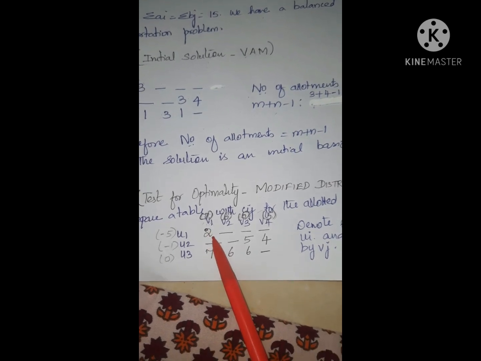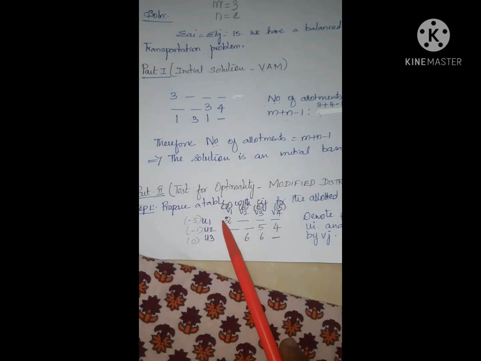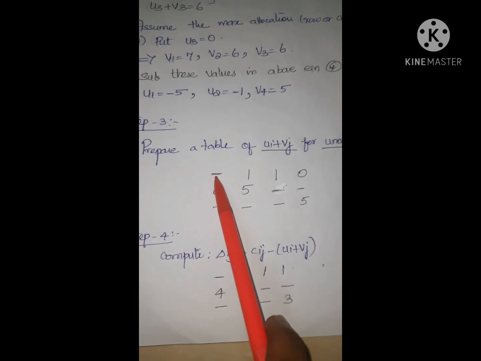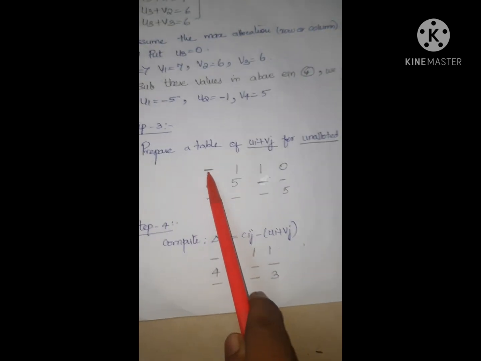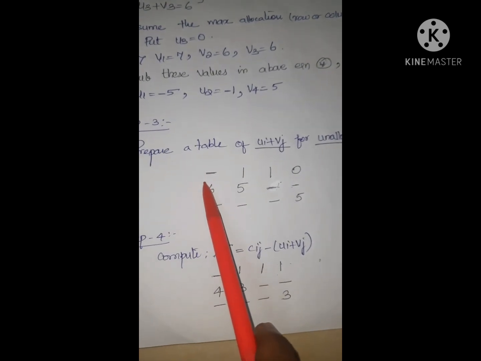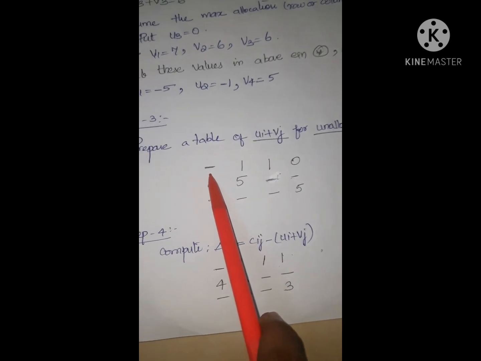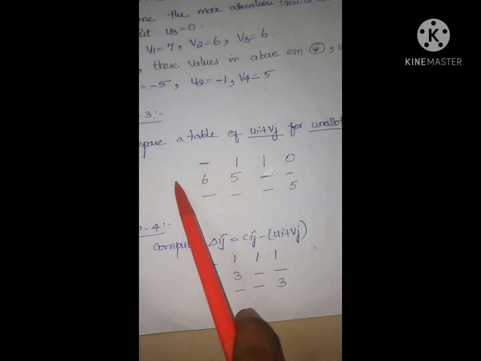So to start with, in my new table, from step 1, there is an allotment in the first value. We make it a blank. Wherever we have allotment in the step 1 table, that becomes a blank space. Wherever there is no allotment, we add up the corresponding u and v value.